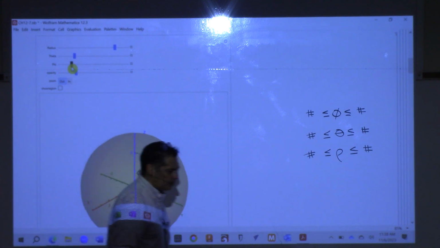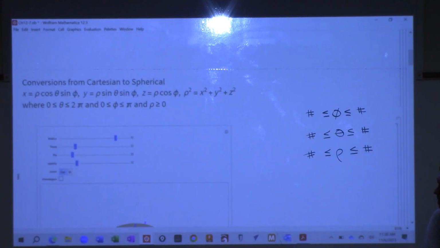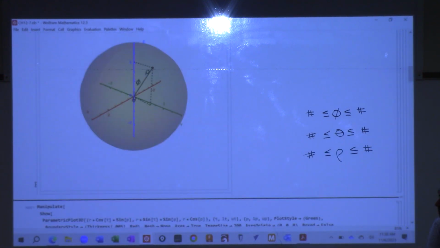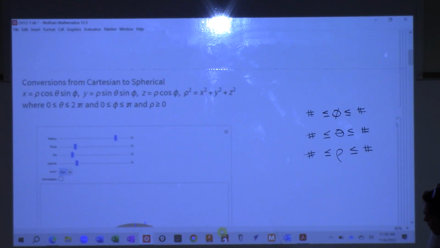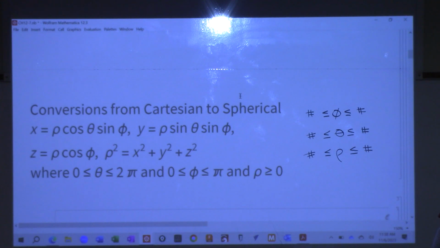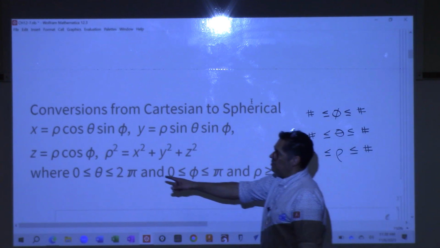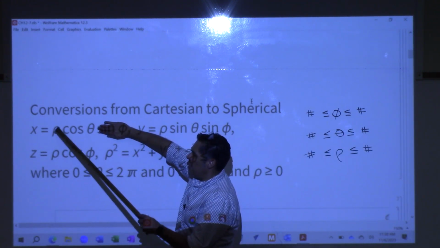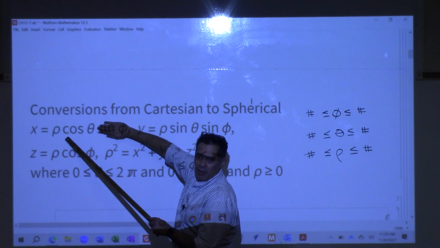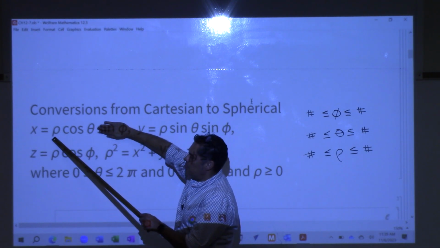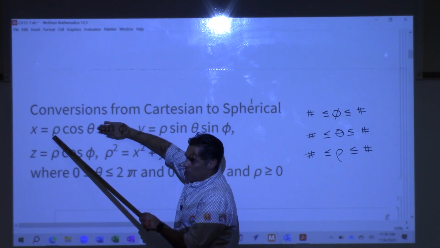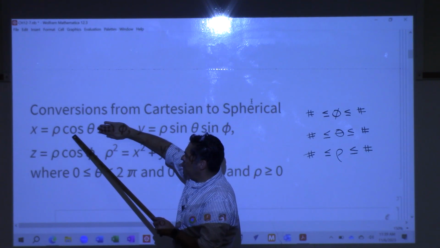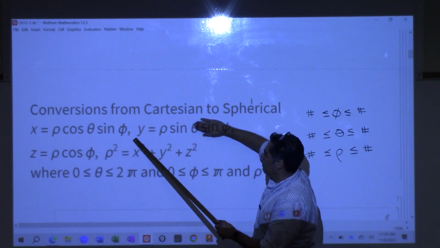Here's the formula you need. The most important thing is how you convert. x is equal to, look at that right there. Does that look familiar? That's polar, isn't it? Except instead of r, we're using rho. Rho cosine theta. How about the y?